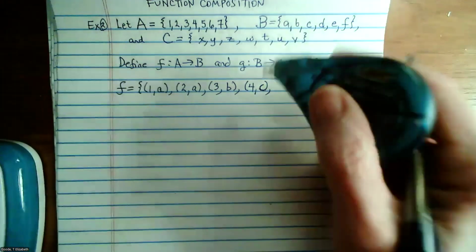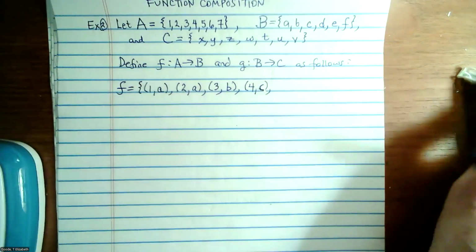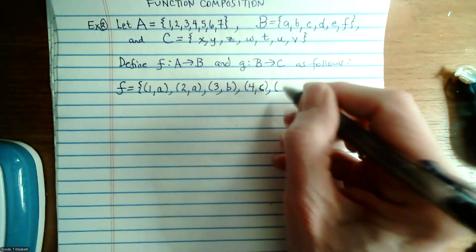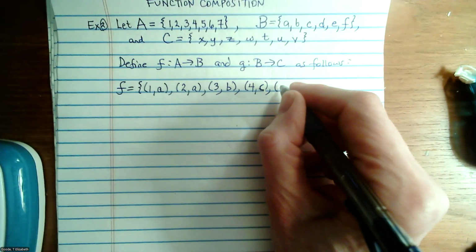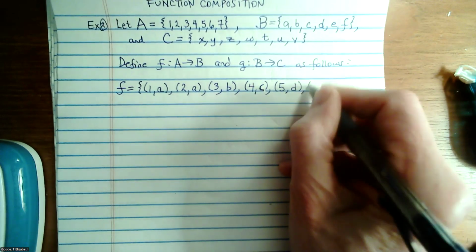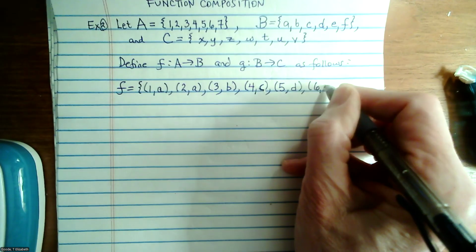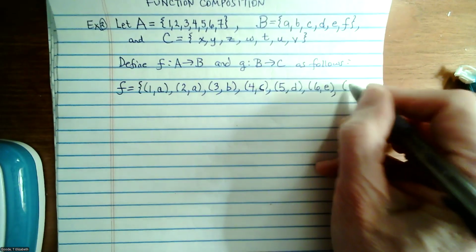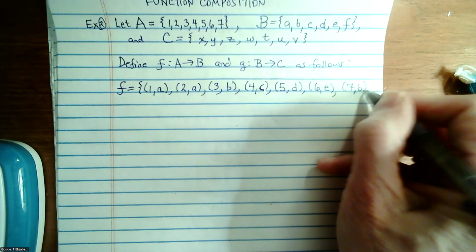Still not great, but I think you got the drift. 5 maps to D. 6 maps to E. And 7 maps to B.